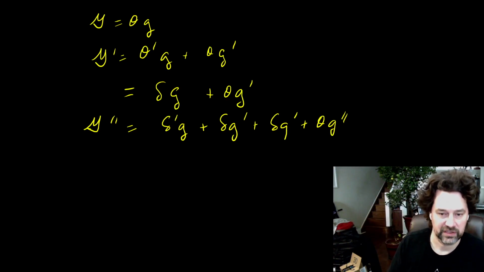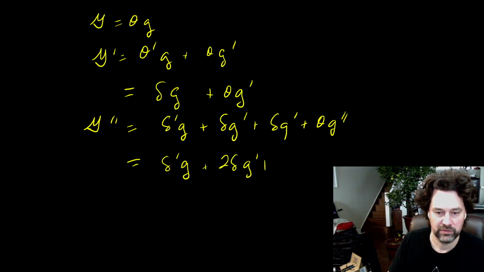And here I've taken the derivative of theta as delta, so we have delta g prime. We want to group our delta g primes. So we have delta prime g plus 2 delta g prime plus theta g double prime.